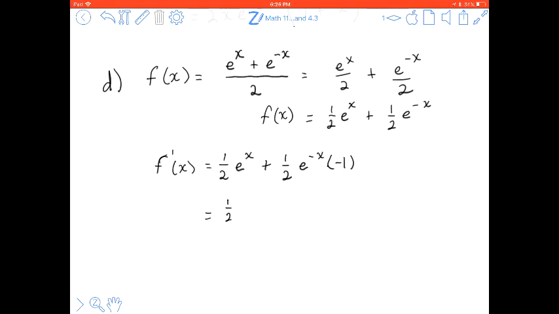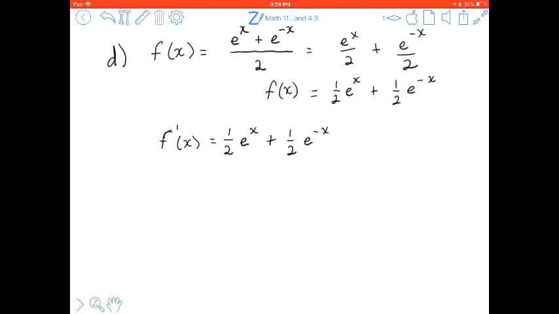So we have 1/2 e to the x minus 1/2 e to the negative x. If we wanted to simplify, we could factor out a 1/2 and say it's 1/2 times e to the x minus e to the negative x.